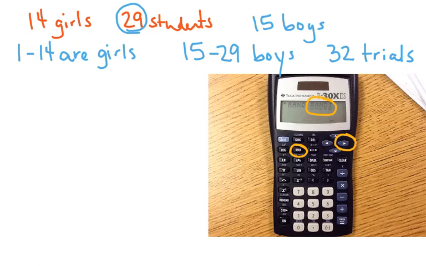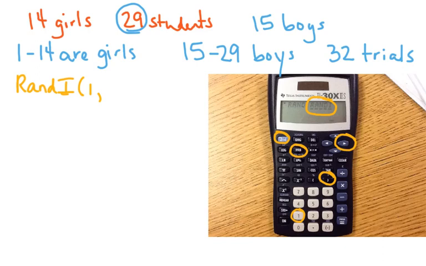So on your calculator, you should see RANDI parentheses. You are going to type in the number 1. That's the first number. Then to get the comma, you are going to select your second button, and above the closed parentheses is a comma. So you're going to select that to get your comma.